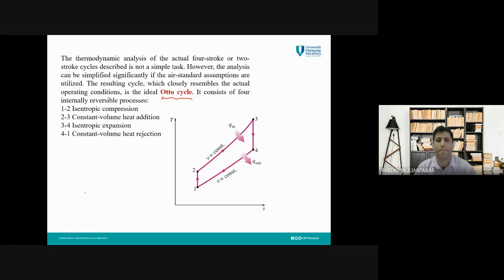As I said, this cycle includes two isentropic processes, one of them compression, the other one expansion, and two constant volume processes. One of them is constant volume heat addition, the other one constant volume heat rejection. And in this graph you can also see the TS diagram.